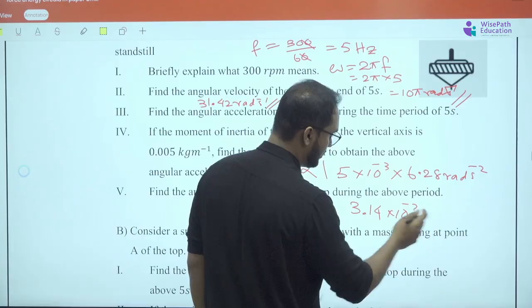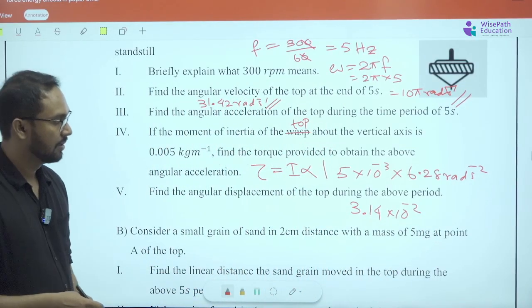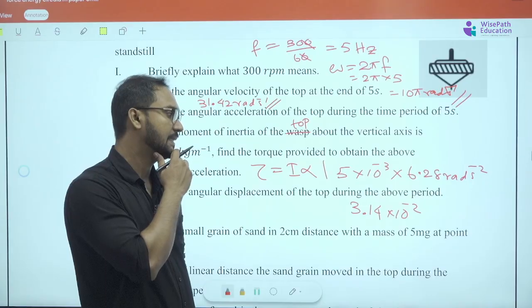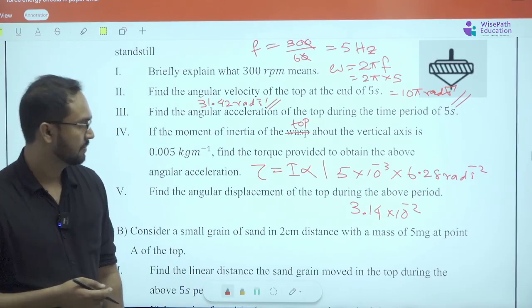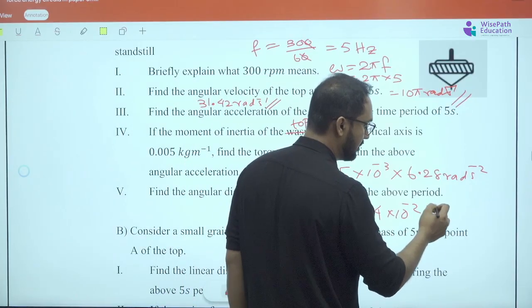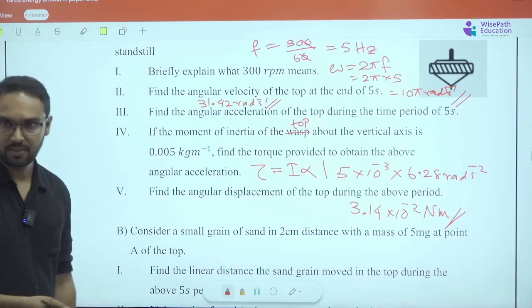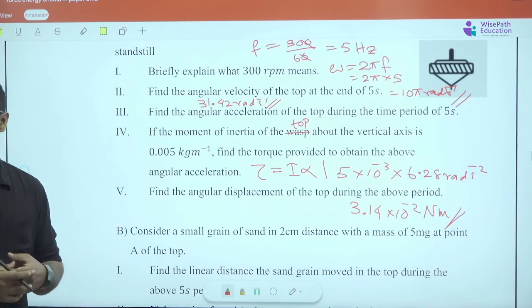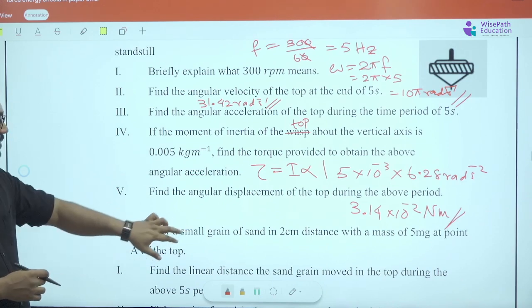Yes, minus 2. So 31.4 into 10 to the power minus 3. Right? And the units are what? Newton meters, right? Torque is Newton meters.